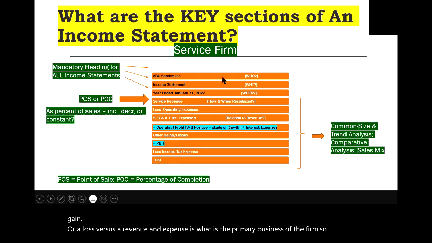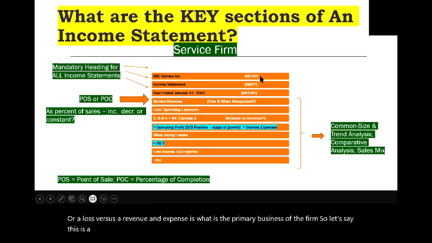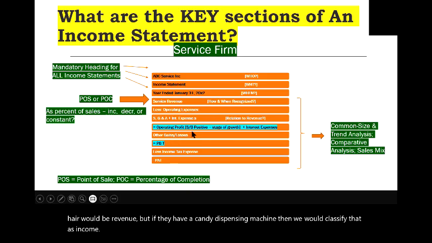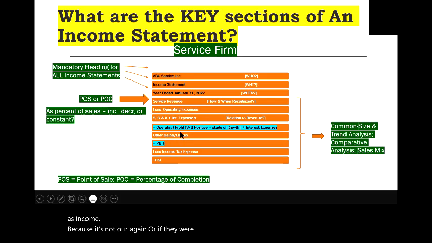So let's say this is a service firm and it's a barbershop. Then the revenue from providing cutting of hair would be revenue. But if they have a candy dispensing machine, then we would classify that as a gain. Or if they were to sell, let's say, items that are not their primary source of revenue, then it would be in the gain category.